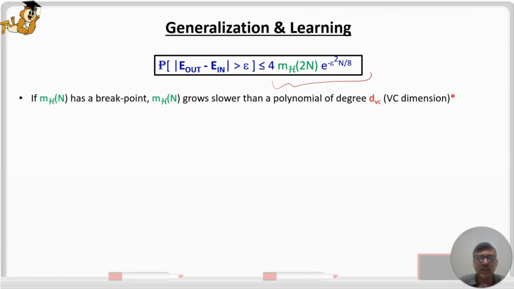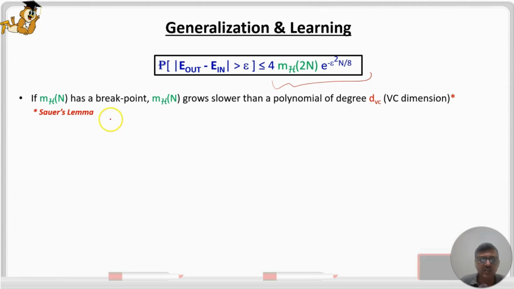Here is what we have studied earlier. We have seen that if mh of n, the growth function, has a breakpoint, mh of n grows slower than a polynomial of degree d, where d is the VC dimension. This is also called Sauer's lemma, and when we saw this in an earlier lecture, we said that this needs proof, and that proof will follow in a subsequent lecture dedicated to proofs.